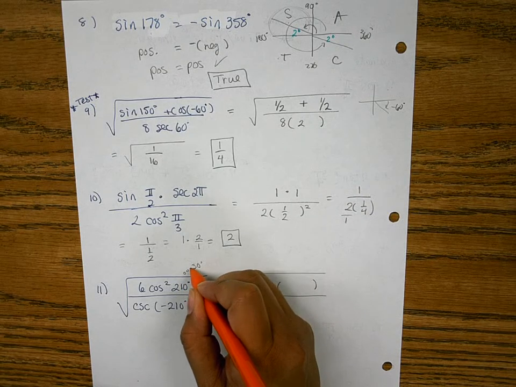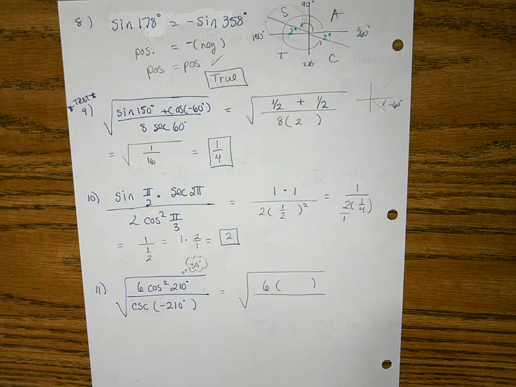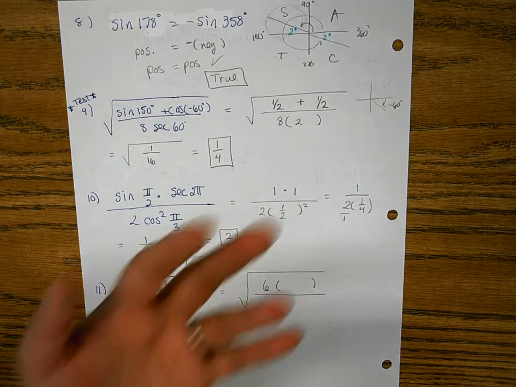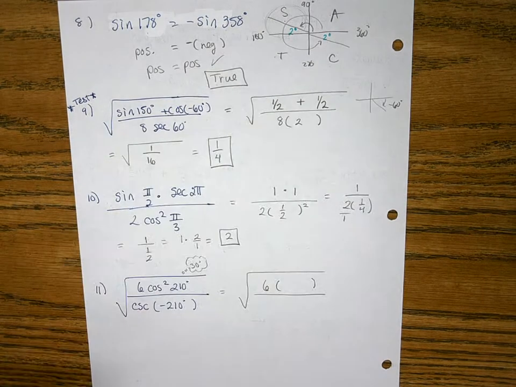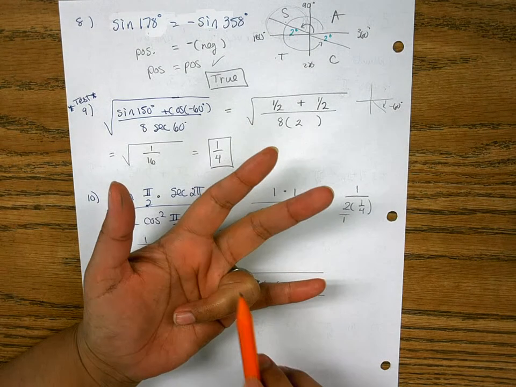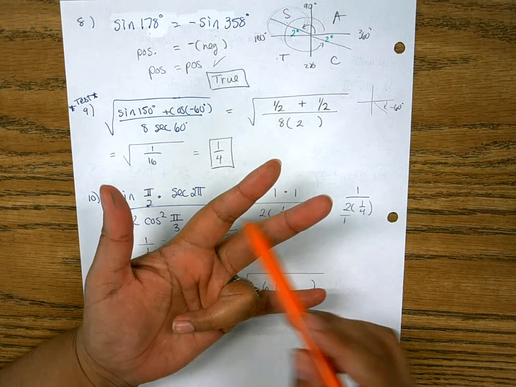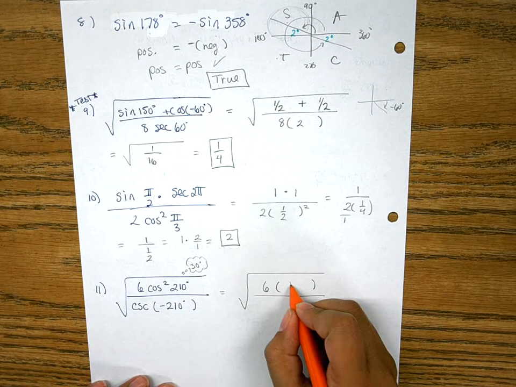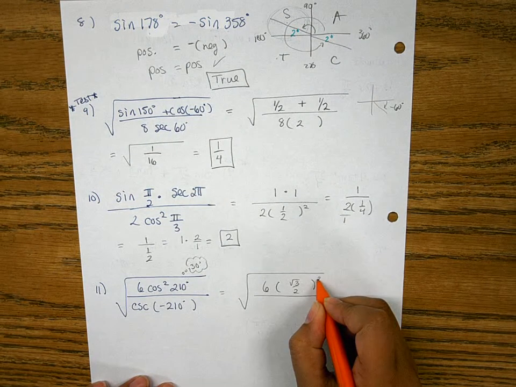All right, 210 has a reference angle of 30. You can double check that if you are not sure. It's 30 degrees past the 180 line. So cosine of 30, and it is the x value. So we have root 3 over 2.